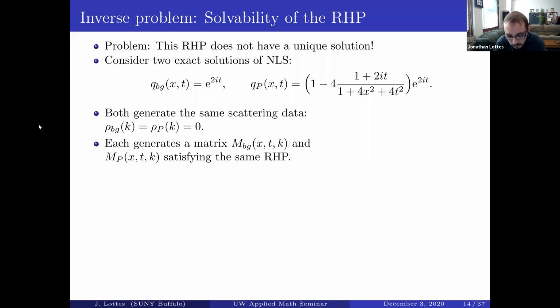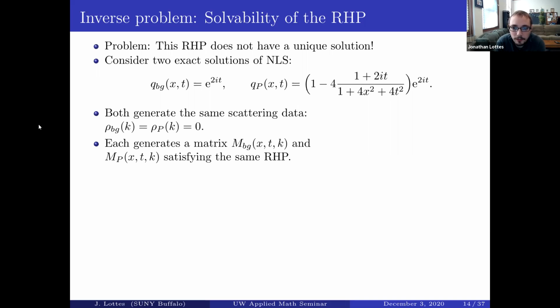Okay, but there's a problem with this formulation of the Riemann-Hilbert problem: we're not guaranteed a unique solution. As an example, we can consider two different potentials. One I'll call q background, which is just a constant background with a phase, the time phase, so e to the 2it.